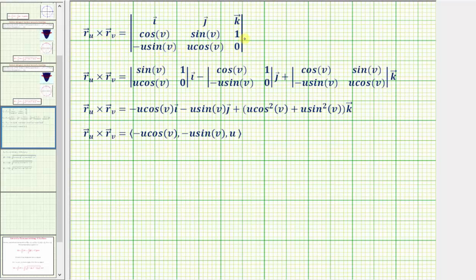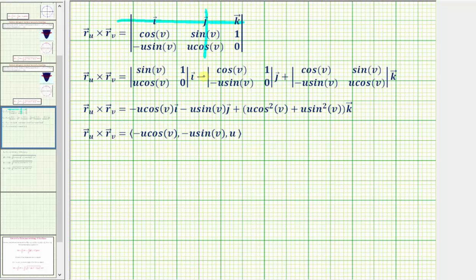Using the expansion by minors method would give us this line here, where to find this first 2 by 2 determinant, we eliminate the row and column of the i vector, which is the first row and first column. Notice how the remaining elements are the elements in this 2 by 2 determinant. For the next 2 by 2 determinant, we eliminate the row and column of the j vector, which is row 1, column 2.